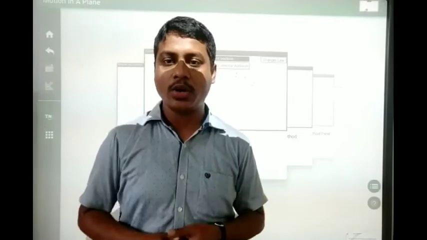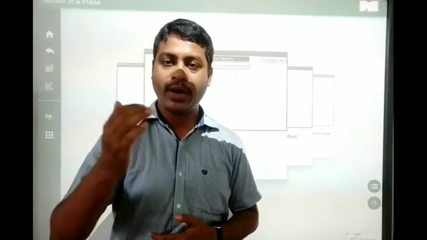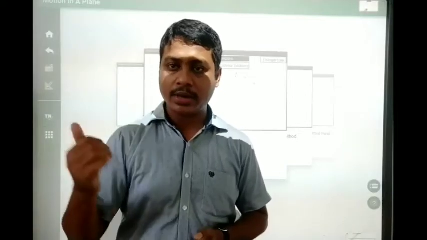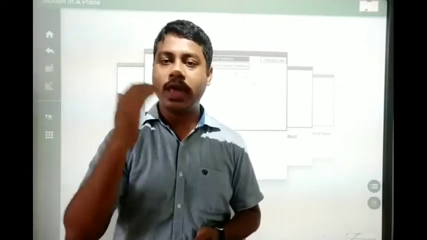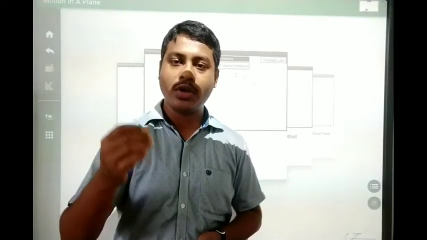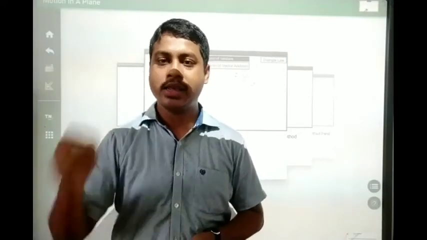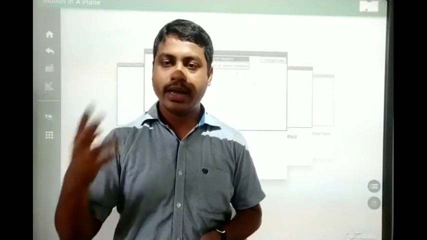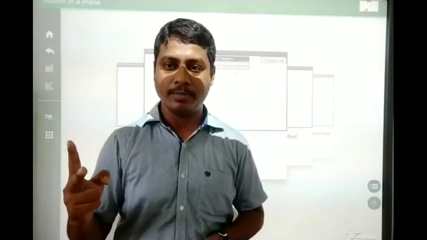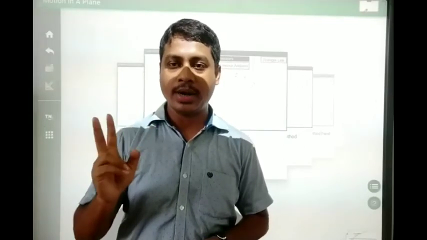As you already know about the rectangular components, if I take two vectors, vector A and vector B, I can write them in terms of the x-axis, y-axis and the z-axis. So first of all you have to write them in the rectangular components, then we have to cross multiply. There are two ways of doing it, one is the longer method and one is the shorter method.